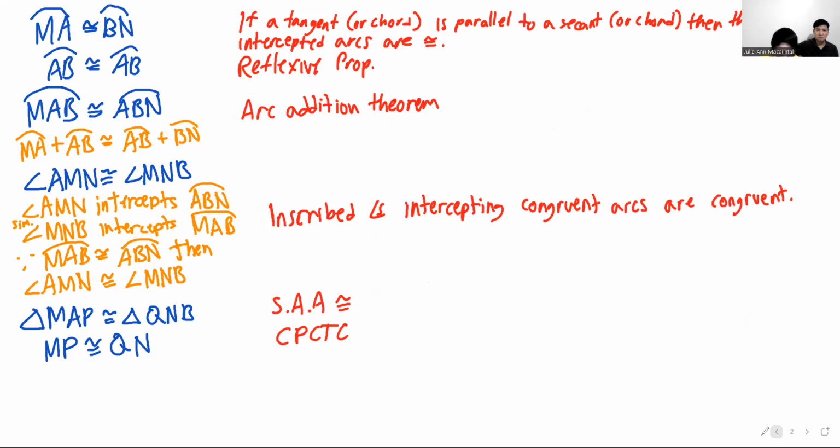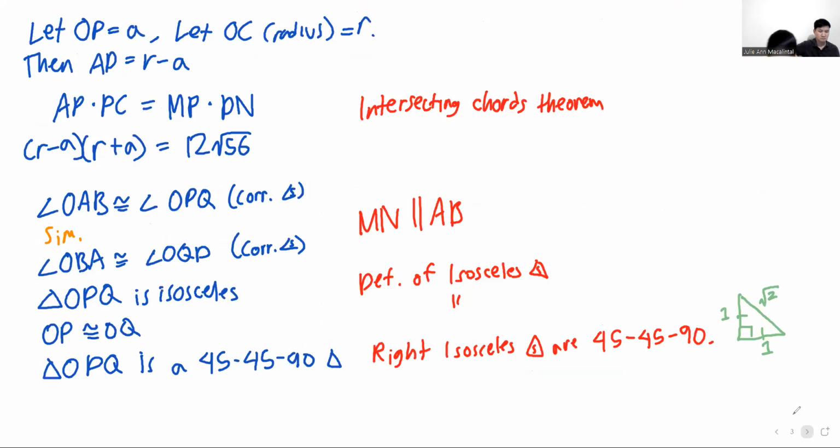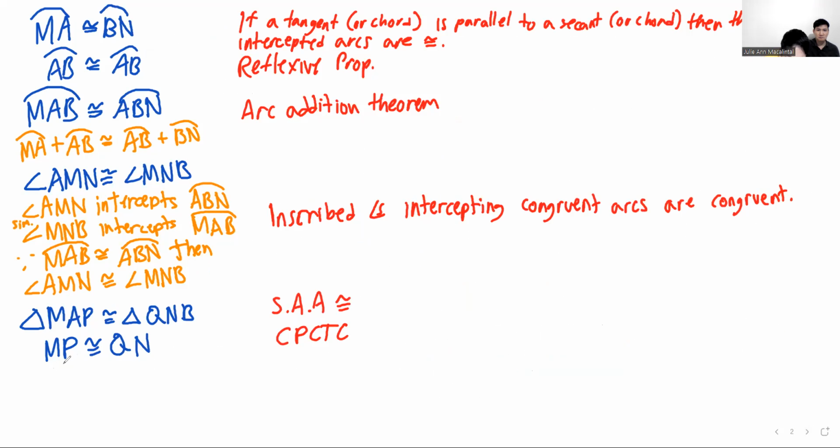MP is congruent to QN. And then we know PN, so we can find PQ. Since MP is congruent to QN, QN is equal to MP, equal to the square root of 56.